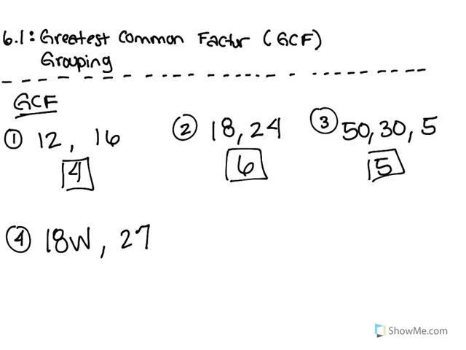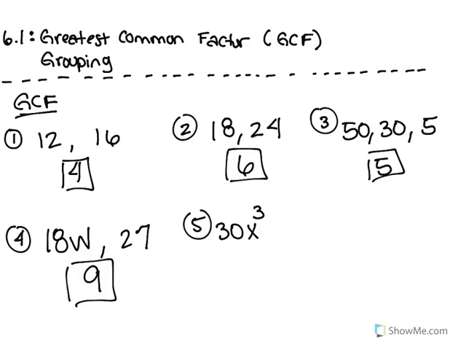Y'all agree 9? But would it have a w on it? No, why? Very good. They both got to have it. So 9, w would not be part of your GCF. 9 is the only thing they got in common. Does everybody understand that? Even when I start putting variables on it, they all have to have it.